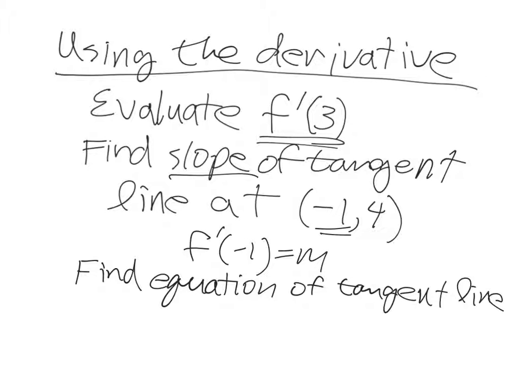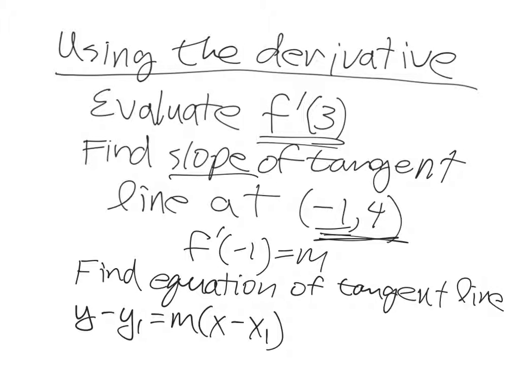Some of you use the point-slope form, which is fine. Say, given this point, x one would be -1. I'll watch the signs. x minus -1 would actually turn into x plus 1. And then y minus 4, and then whatever your slope turns out to be. Or some of you use the slope-intercept form, which is fine too.